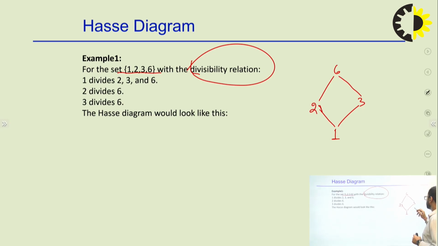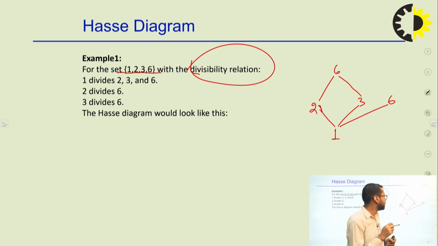Why did we not use 6 here? Because 6 is a multiple of 1, so it could be used here. But 6 is also a multiple of 2 and 3, and by default it is considered through those two elements. 6 is a multiple of 2 and also of 3, so we will not place 6 here; 6 is placed above 2 and 3.